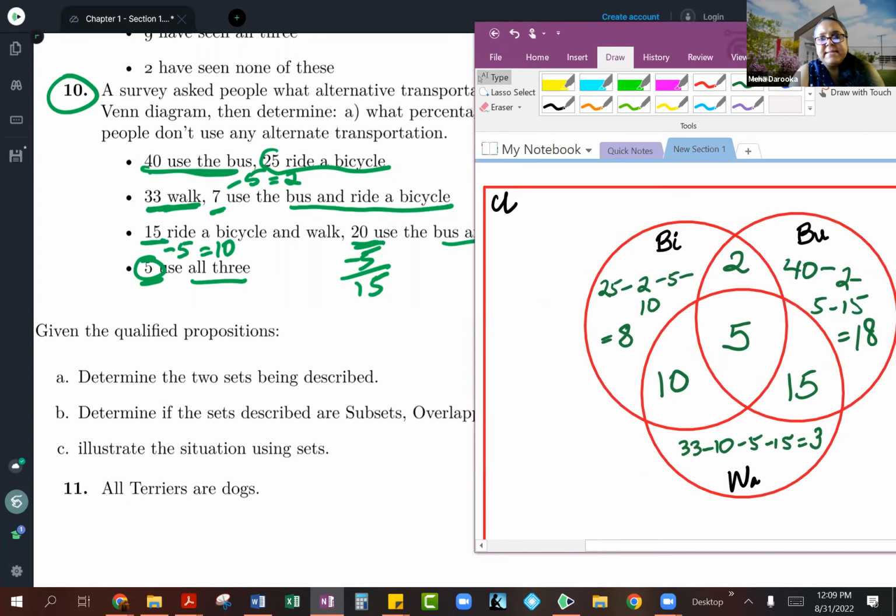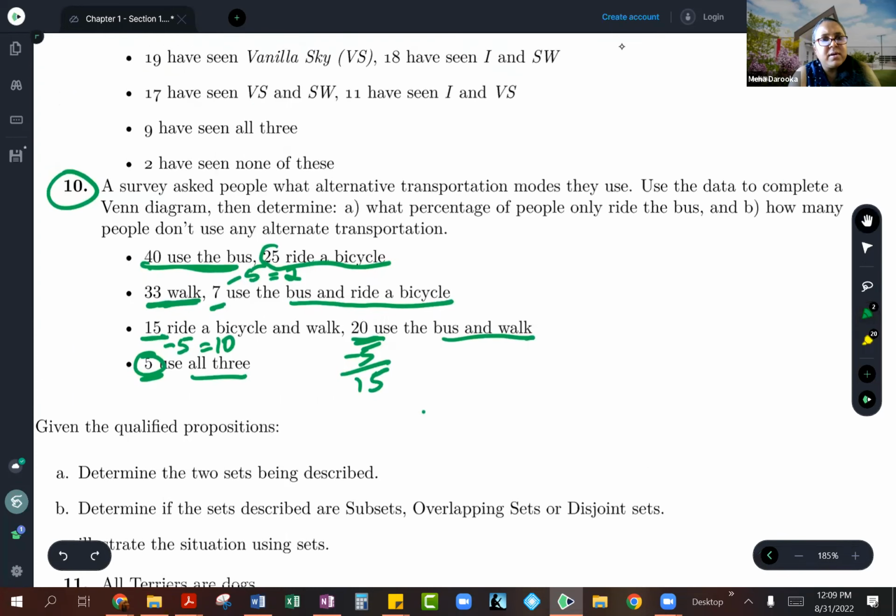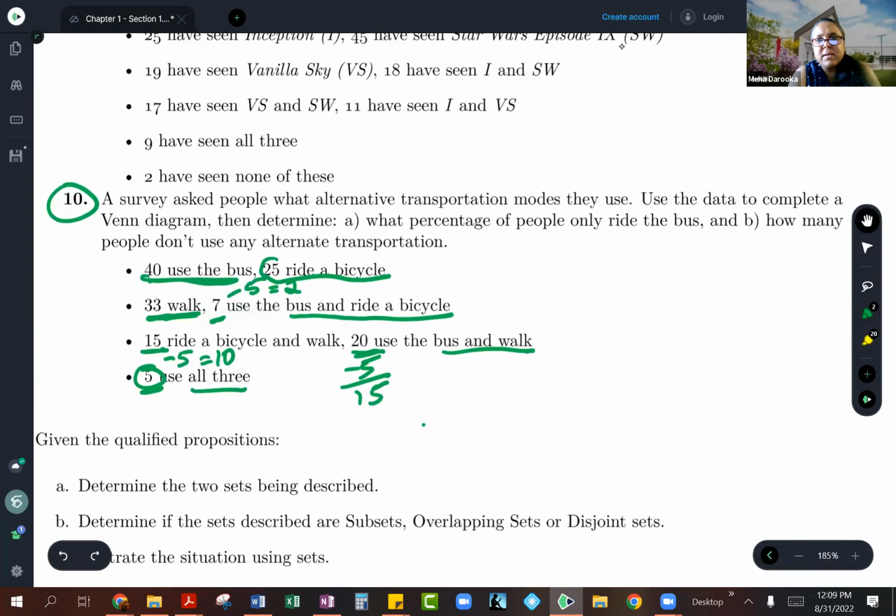Alrighty, did they tell us anything about who is not using this transportation at all? Did we have anything about how many people were surveyed or anything?